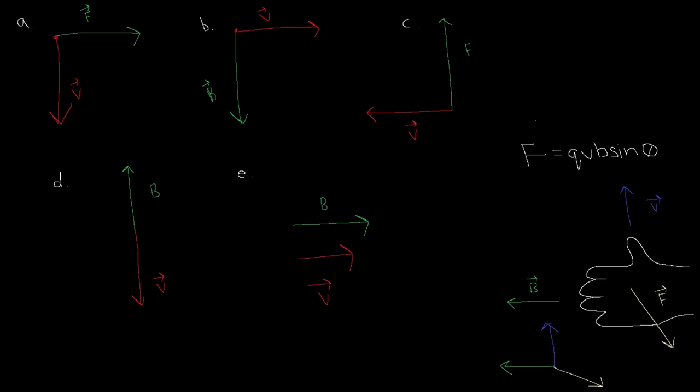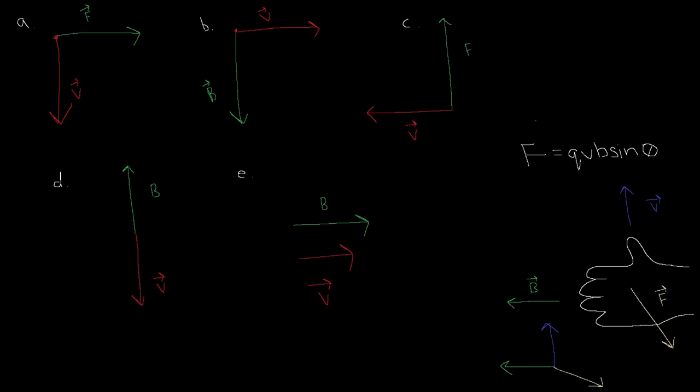With an electron, you need the palm of your hand to be the opposite direction of the force. So you would point the back of your hand towards the force and point your thumb down. While doing that, you get your fingers pointing towards your face, and that means the missing vector, the magnetic field, is out of the page.